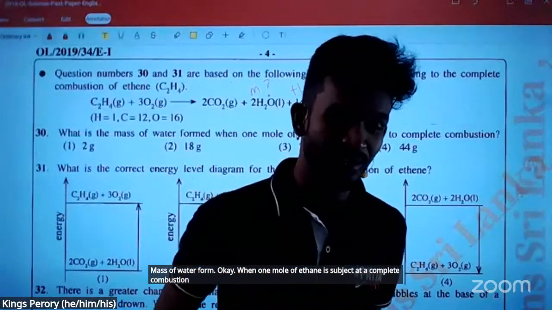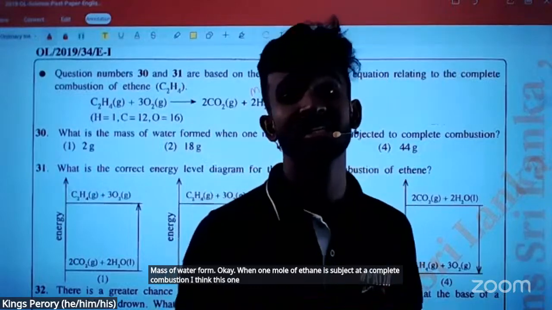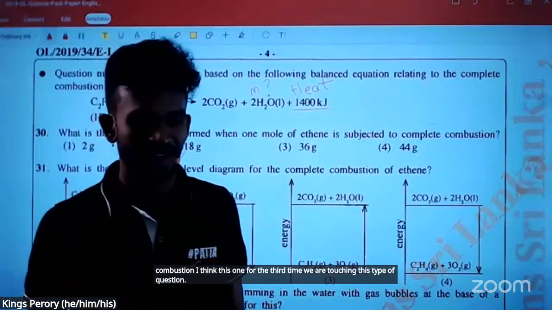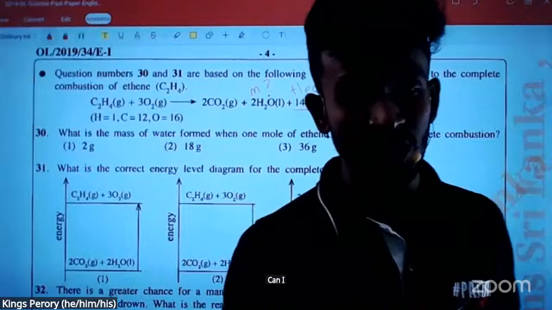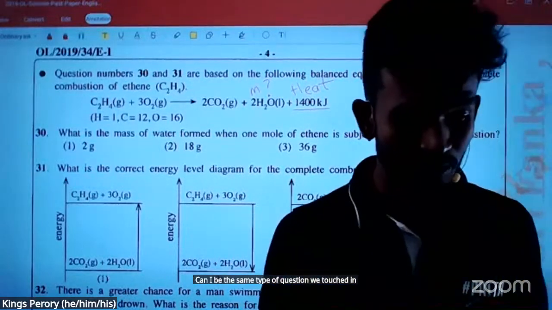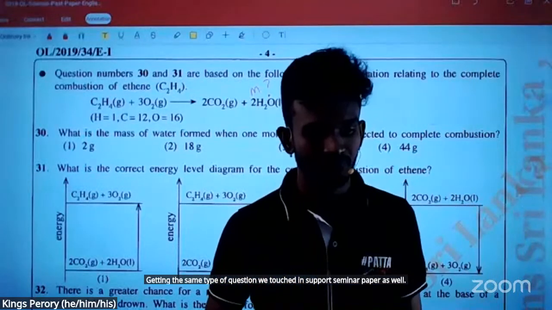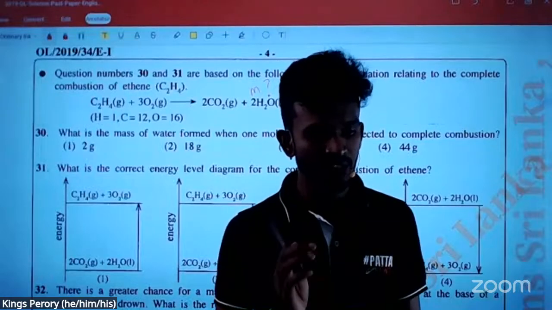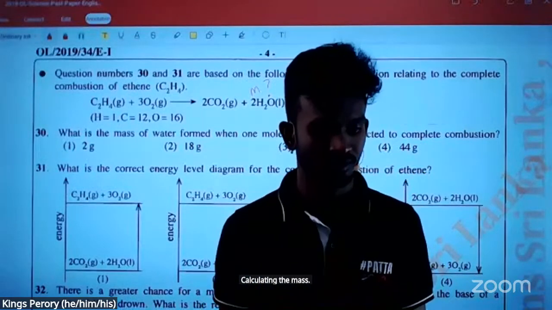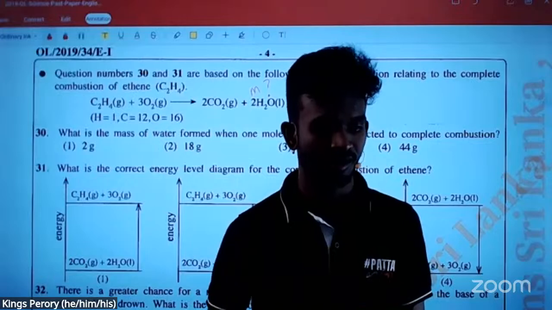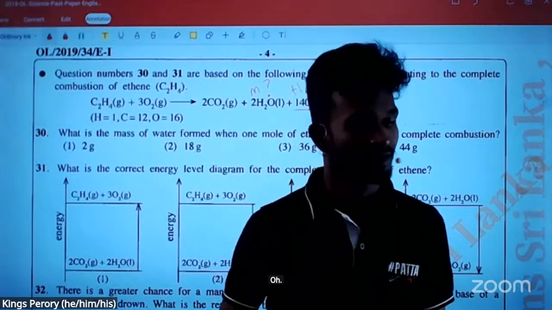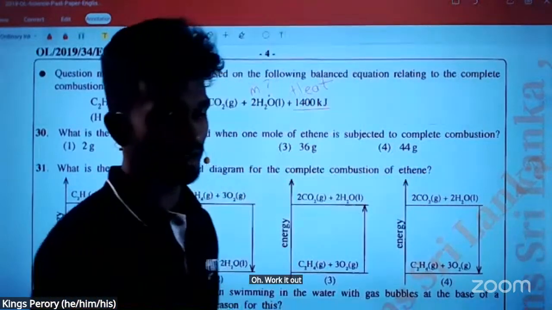I think this is the third time we are touching this type of question. Can you remember the same type of question we touched in the support seminar paper as well? Calculating the mass. Work it out. Those who didn't do it, work it out. Find me the answer.